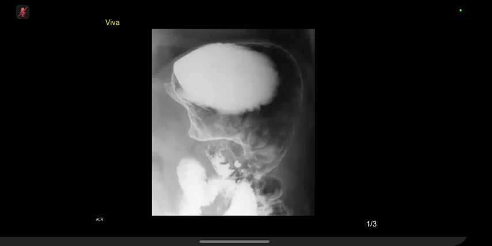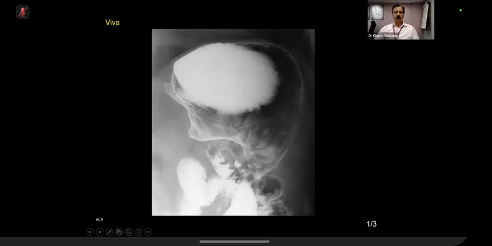The demarcation within the pooling of the contrast is slightly lobulated and irregular. Look at the shape of the stomach. Normal, abnormal. You see, this is the stomach, and then you can see contrast in the jejunum.